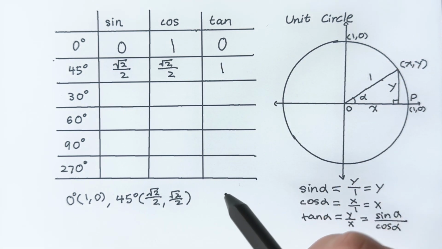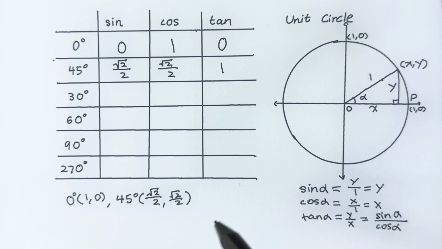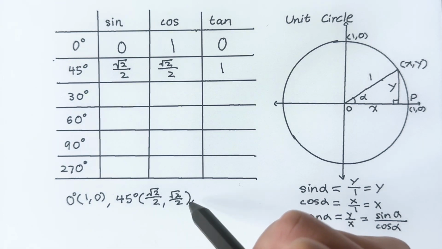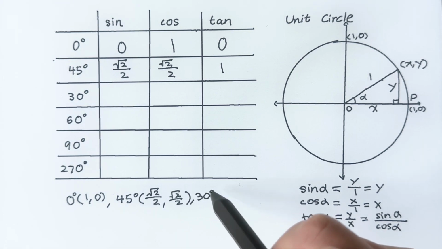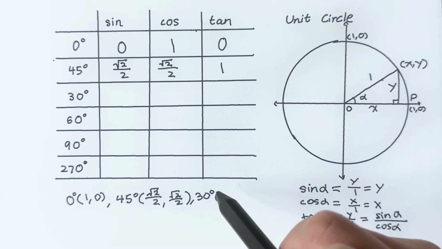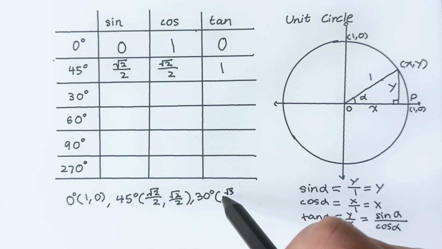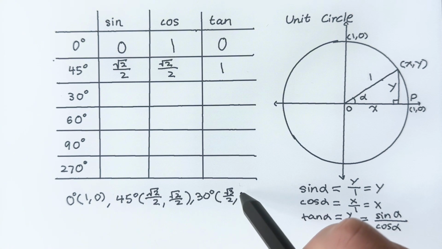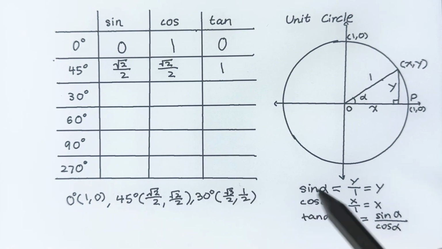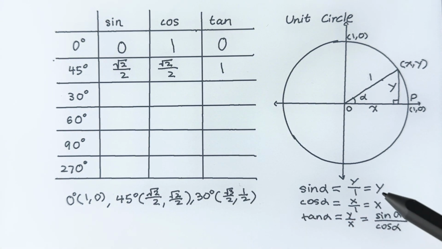For 30 degrees, this would be a 30, 60, 90 right triangle. So the coordinates will be square root 3 over 2, 1/2. Because in a 30, 60, 90 right triangle, the sides are in the ratio of 1 to square root 3 to 2.